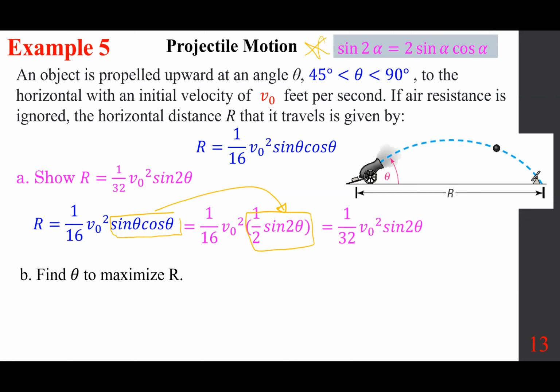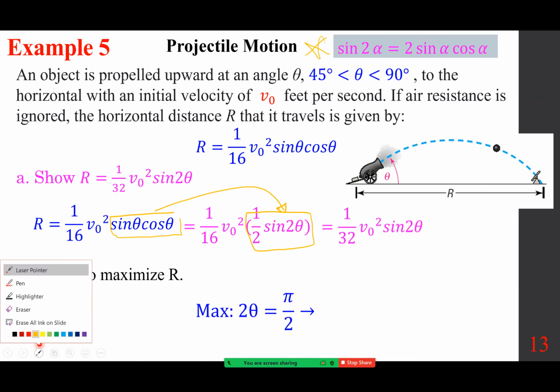Find theta to maximize this range R. When we look at this, what can maximize this? If we could come up with the maximum value for a sine, as you know, the maximum value for a sine happens when sine equals 1, and sine is equal to 1 when the angle is equal to pi over 2. So 2 theta must be pi over 2.